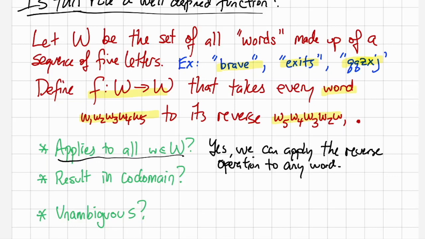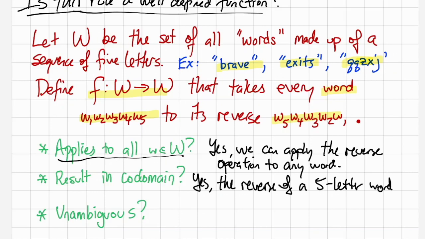Is the result of this operation in the codomain? Well, what's the codomain? It's the set of all words made up of a sequence of 5 letters. If we start off with a word with 5 letters and we turn it around, it still has 5 letters. So, yes, the reverse of a 5-letter word also has 5 letters.